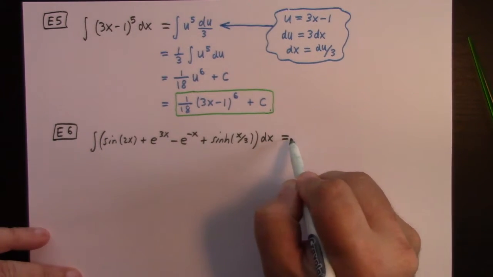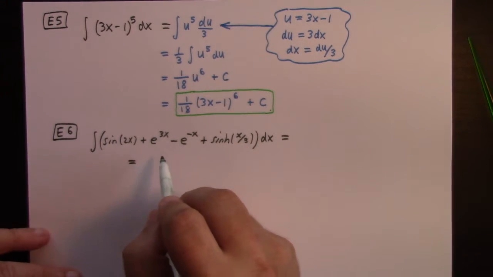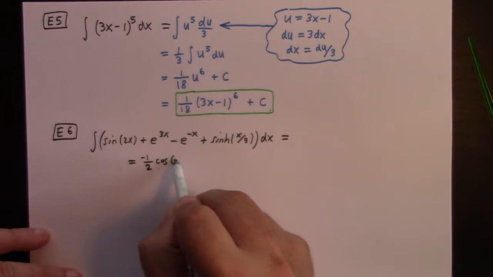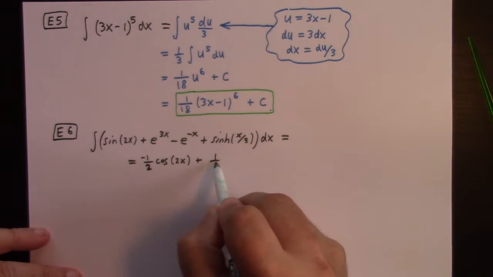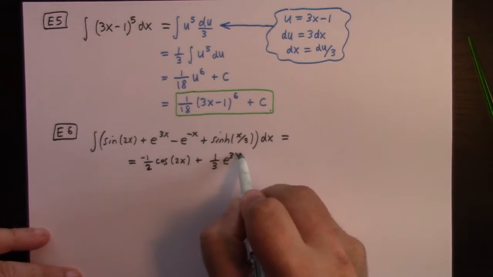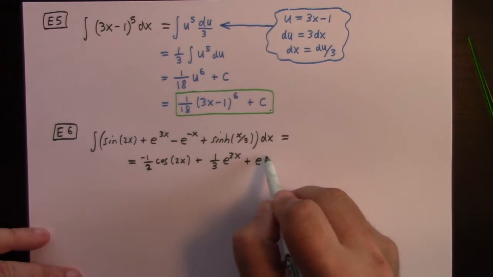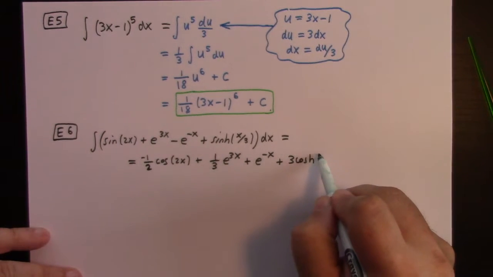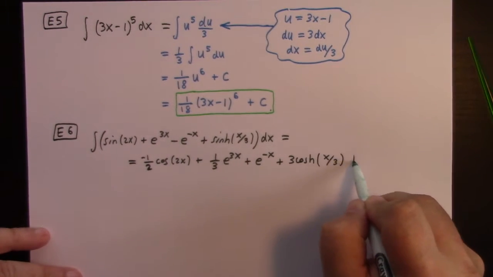I'm just going to write 1/2 minus 1/2 cosine of 2x plus 1/3 e to the 3x plus e to the minus x plus 3 cosh of x over 3 plus a constant.